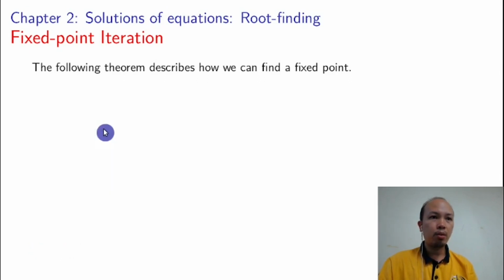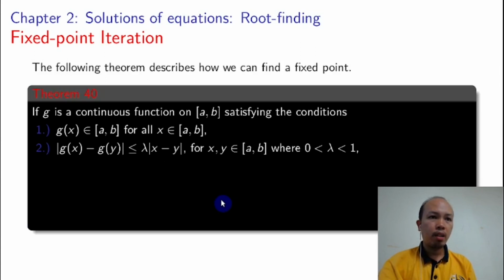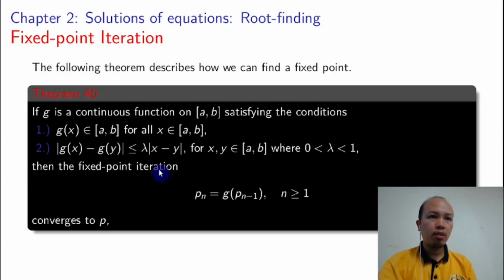Or if you look at theorem 38, it says that g of x must be this one here for all x. Then we are sure that it has at least one fixed point, even if you don't graph the function. But we use this one here, theorem 40.